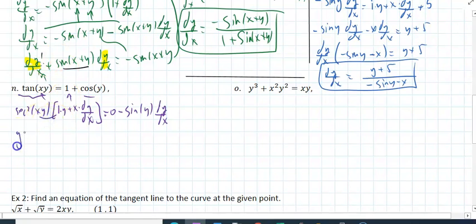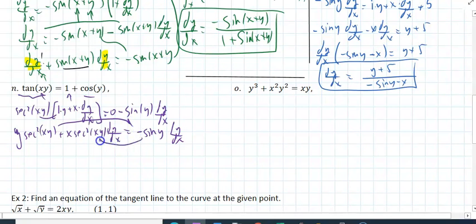Distribute. y secant squared of xy plus x secant squared of xy dy/dx equals negative sine of y dy/dx. Swap those. x secant squared of xy dy/dx plus sine of y dy/dx equals negative y secant squared of xy.